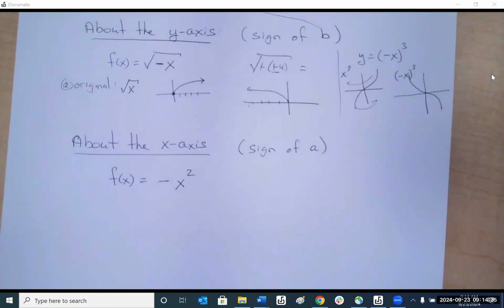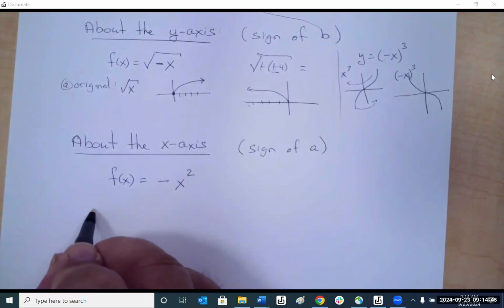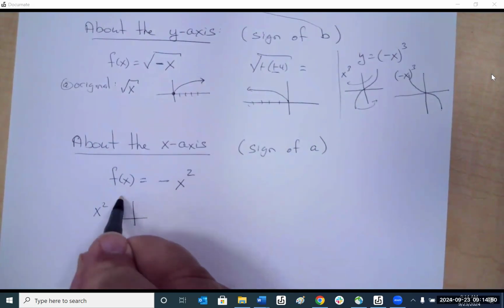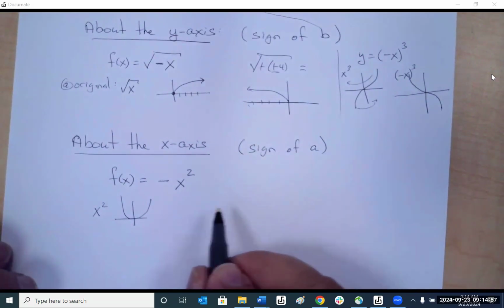Y equals negative x squared. The original function is quadratic, x squared, and it looks like this. The negative would basically flip it. And why would it be flipped?